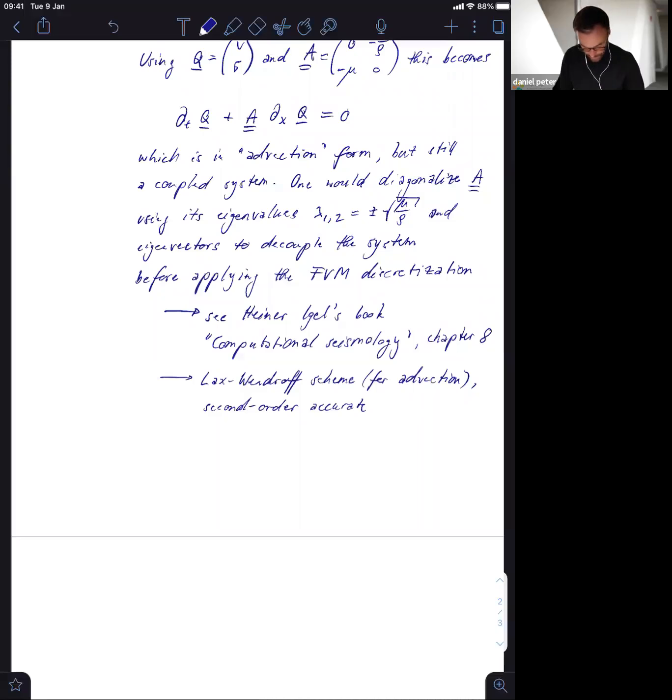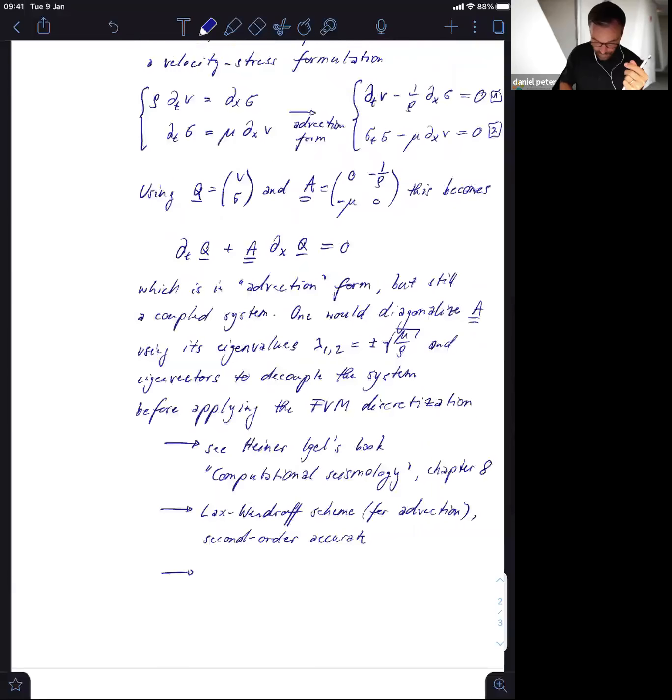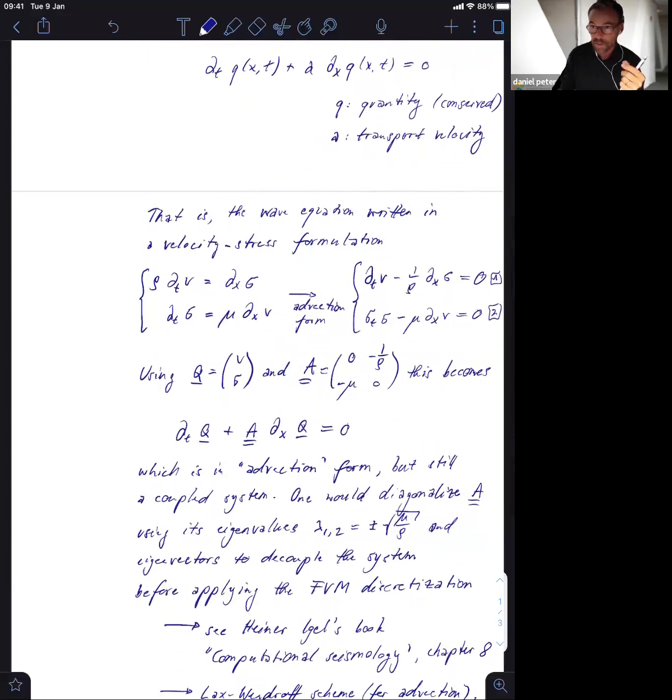And then there is still an issue with the possibility of having a discontinuous solution. So the quantity Q for the advection problem here could still have a jump, for example, from one cell to another.